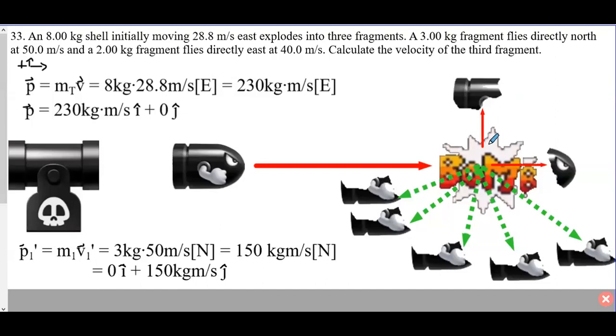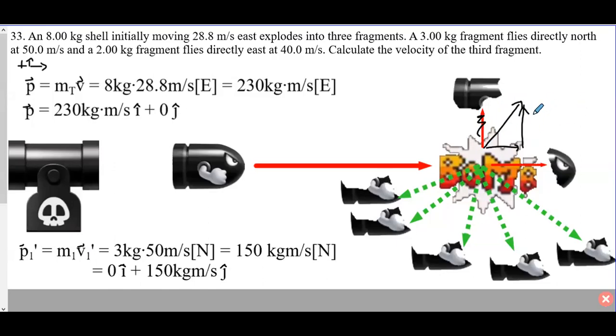If by chance it wasn't going directly north, maybe it was going north and east, I would have to break this down into components of right and up, so east and north.